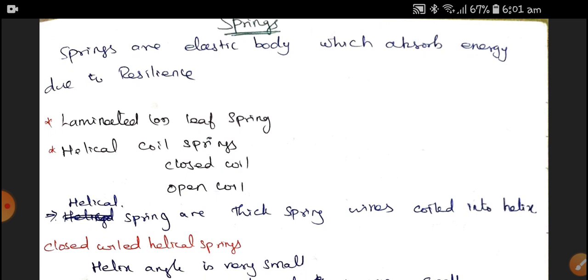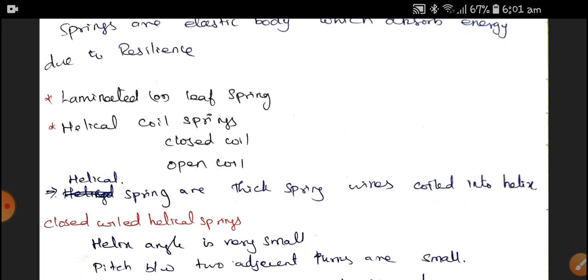We have different types of springs. Here, I would like to quote only two types. One is a laminated or leaf spring. You can easily visualize leaf springs wherever a heavy vehicle is there.